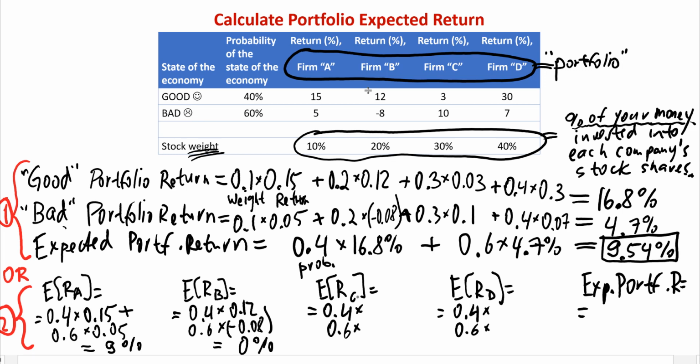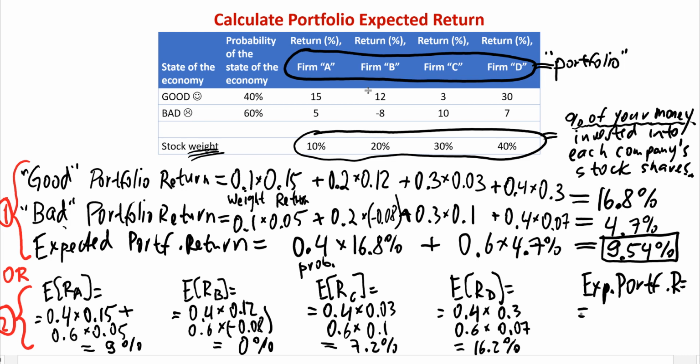Then for C, we have the returns from the column for stock C, 3 and 10, or in decimals 0.03 and 0.1, which gives us 7.2% for the expected return. And for D, we use 30% and 7%, so 0.3 and 0.07, which gives 16.2%.